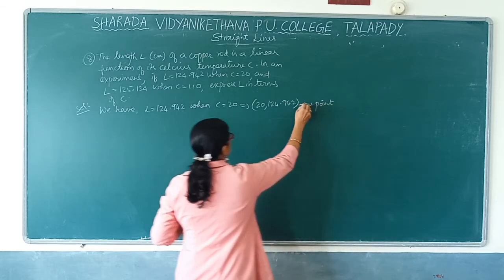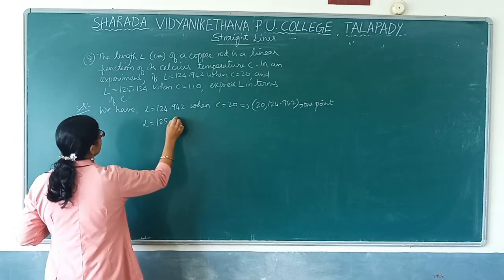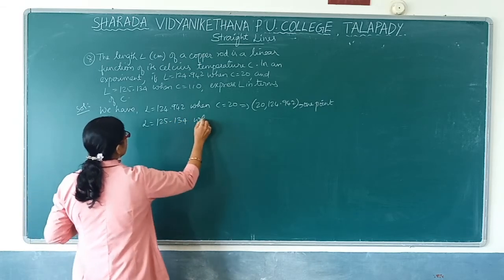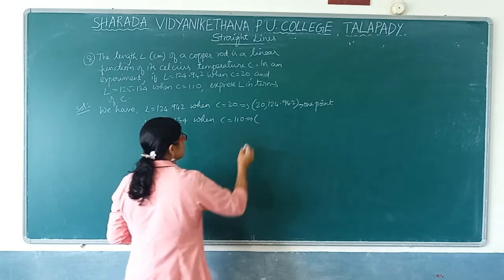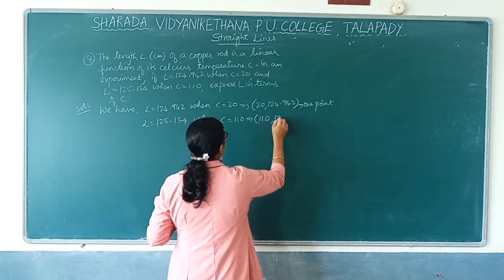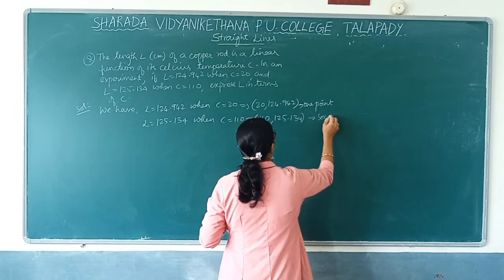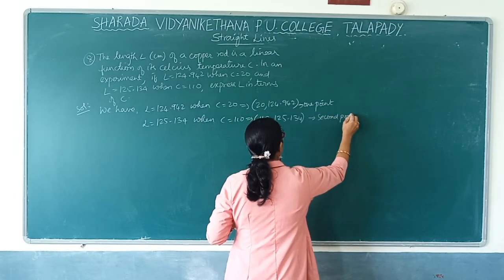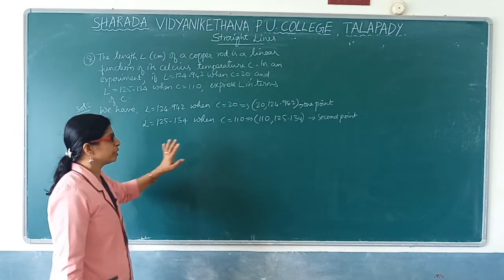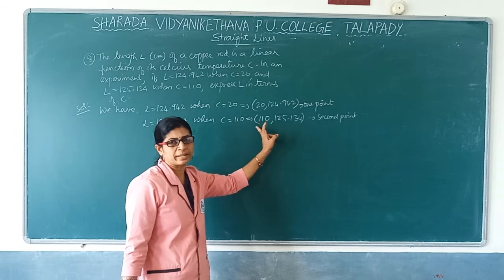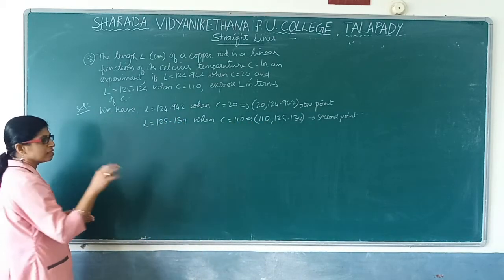Next, L is equal to 125.134 when C is equal to 110. This gives rise to another point (110, 125.134). This is the second point. So we have got 2 points on the line. We will take these as 2 points on a line, so we will use the 2-point form to form a relation between L and C.